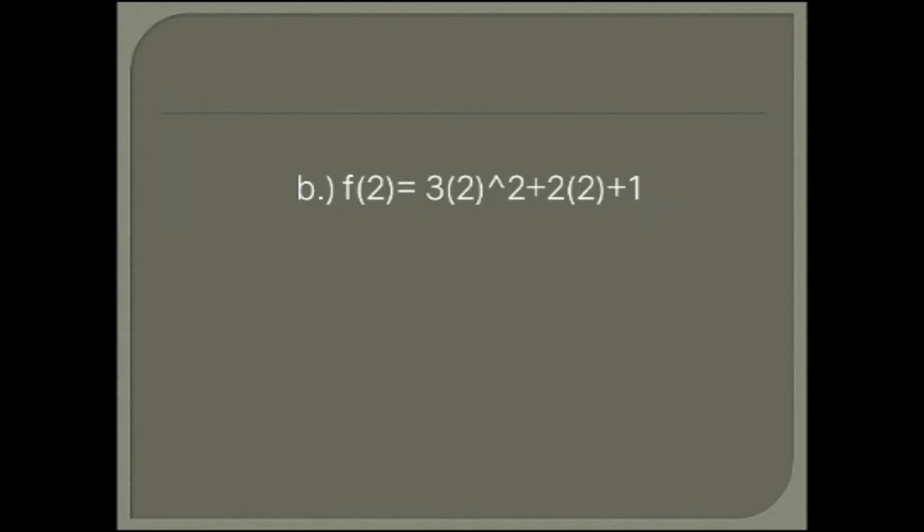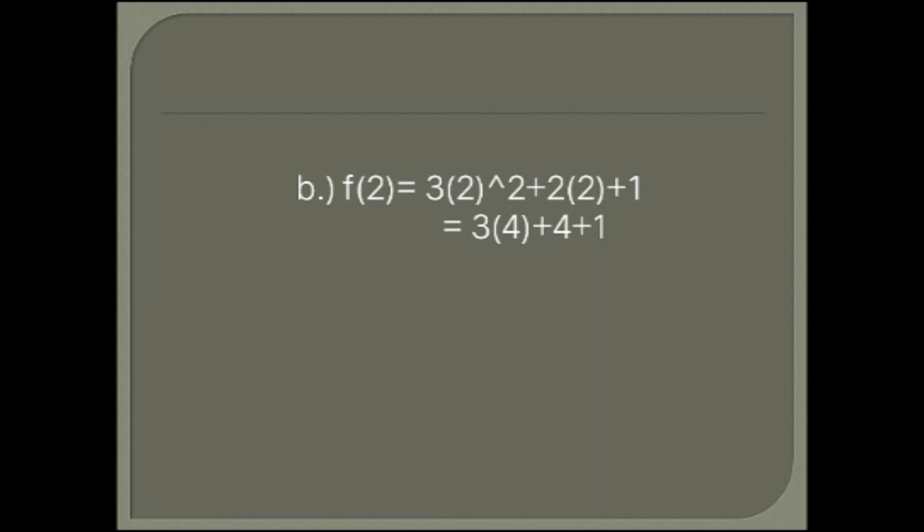So for the second given, find f of 2. As we did earlier, you will substitute all of the x's with 2, so that f of 2 equals 3 multiplied by quantity of 2 squared plus 2 multiplied by quantity of 2 plus 1. Then solve. For the first term, we have 3 multiplied by quantity of 2 squared.